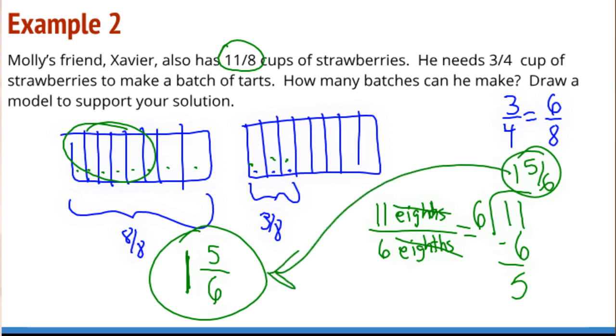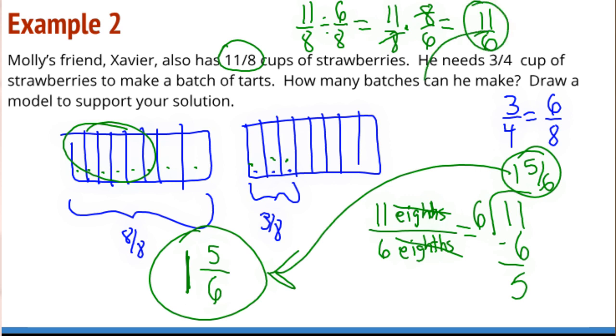I've done it with a model. I've done it with unit form, and that leaves my multiplication form, 11/8 divided by 6/8, and we're testing 11/8 multiplied by 8/6. The 8s will cancel, which will leave me with 11/6, which I have already figured out is the 1 5/6.